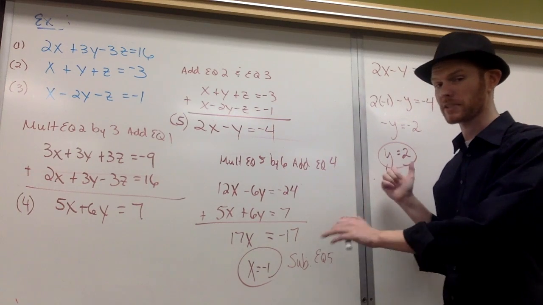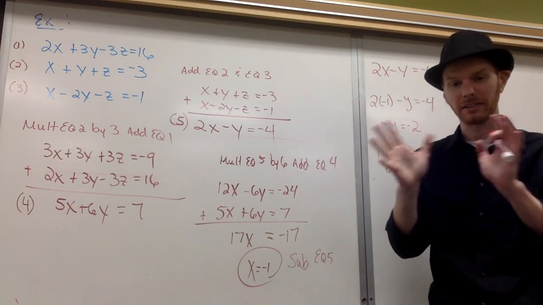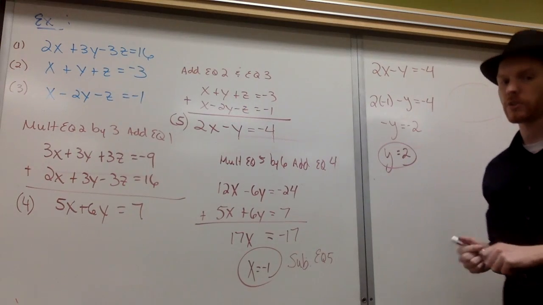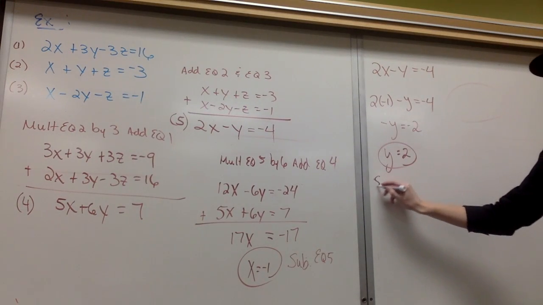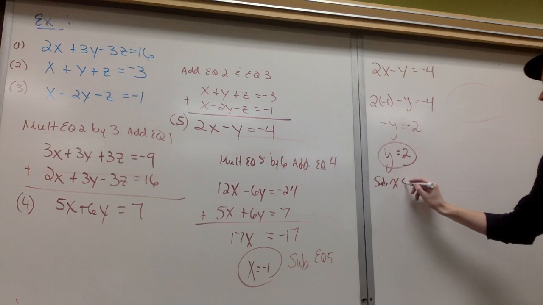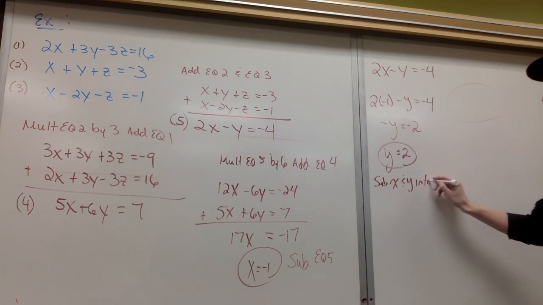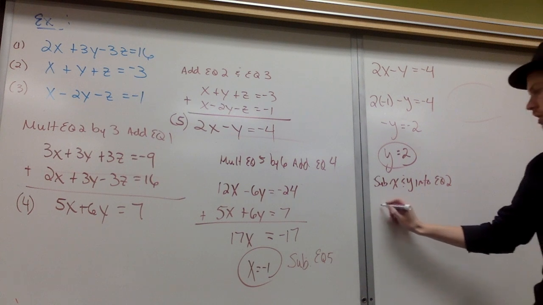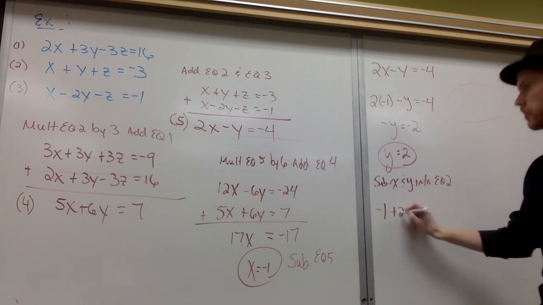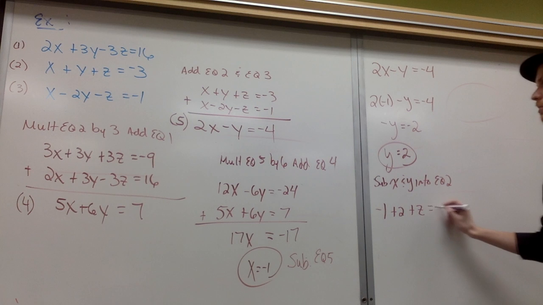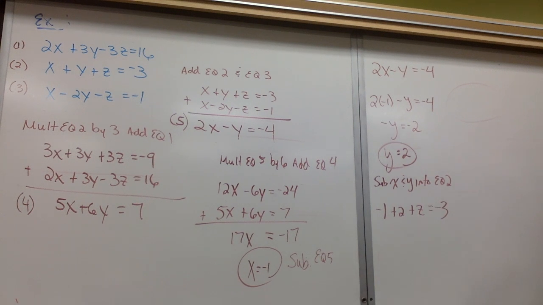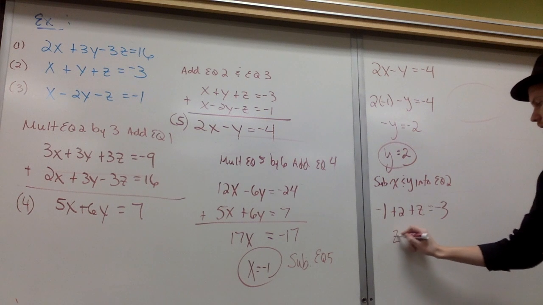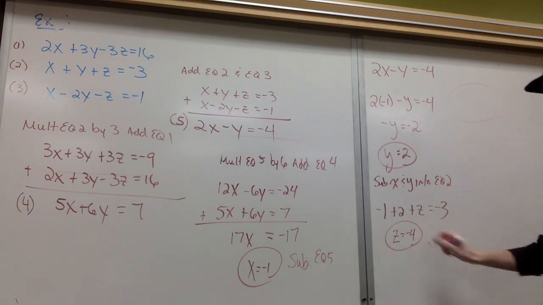But you should still come to the same answer if you algebraically did it correctly. I'm going to try equation 2 because that looks simple. Okay? So I'm going to sub x and y into equation 2. All right? So I get -1 plus 2 plus z equals -3 when I do that. So this becomes a +1, subtract it over, z comes out to be -4.